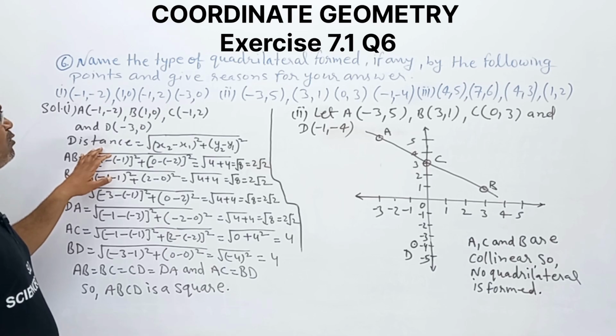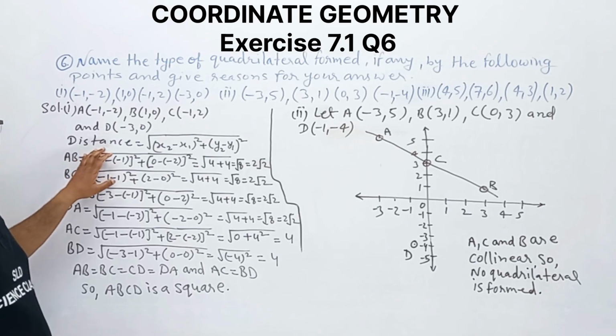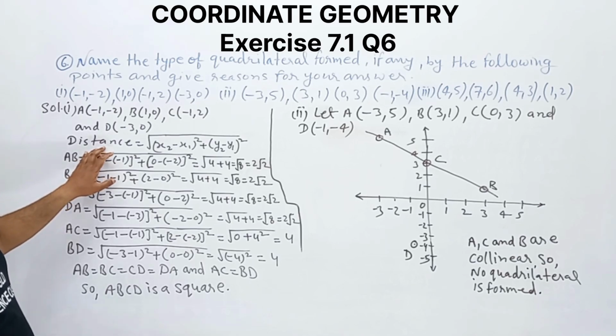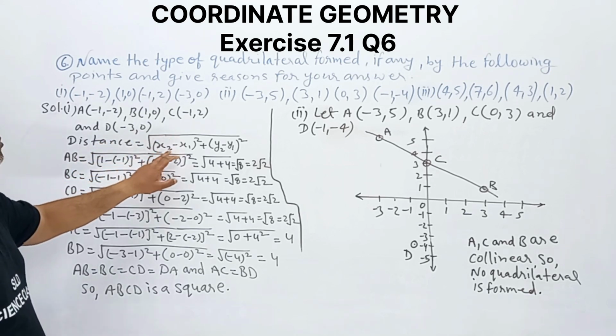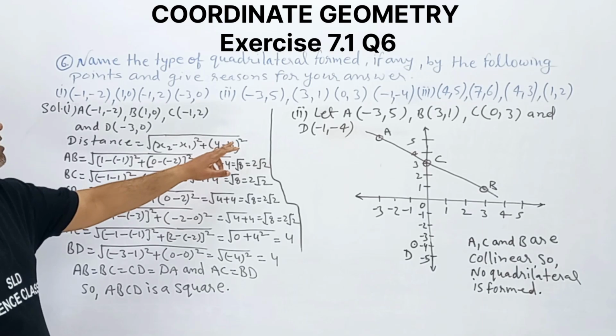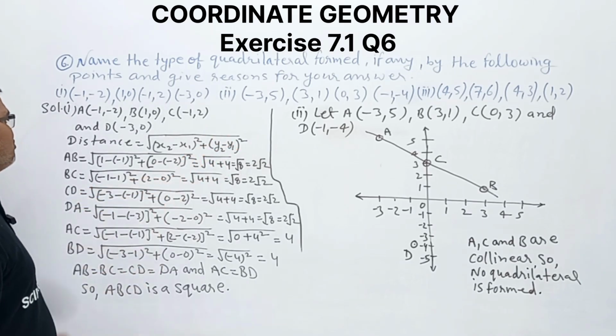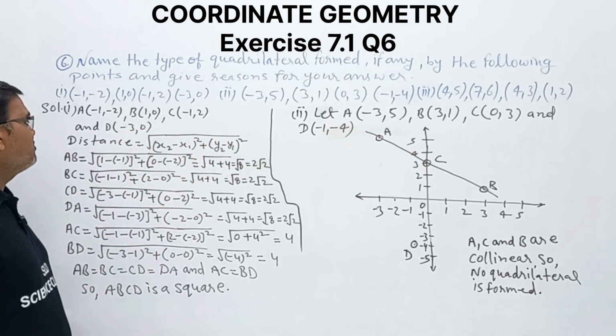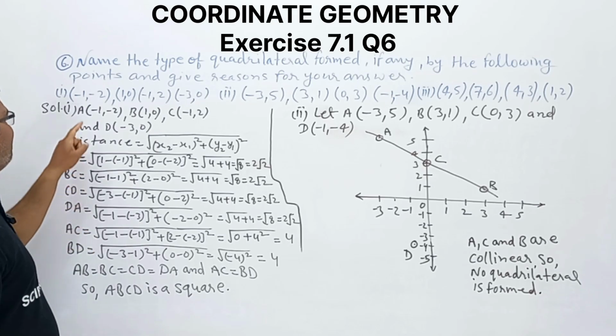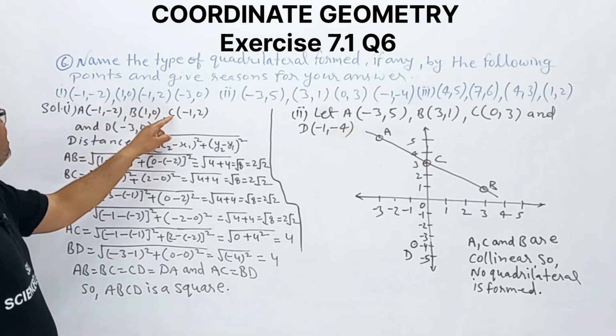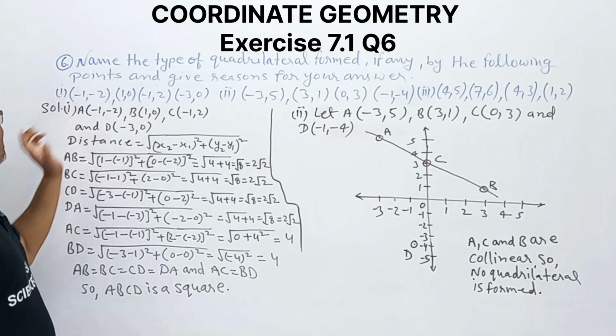Once we have two points (x1, y1) and (x2, y2), the distance between these 2 points will be the square root of (x2 minus x1) whole square plus (y2 minus y1) whole square. So by using this distance formula we can find AB, BC, CD and DA.